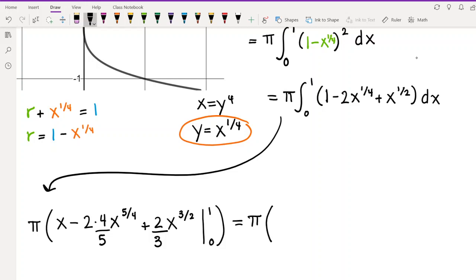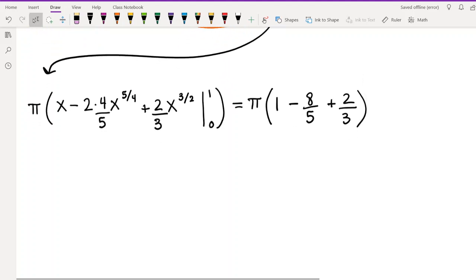It's always nice when we're evaluating at 1 and at 0, because those are the two easiest numbers to plug in. For the first one, we'll just have 1. For the second one, we'll have 8/5 times 1, which is just 8/5. And for the last one, we'll just have 2/3. If we were to plug in 0, we would just get zeros everywhere, so we don't need to do that one.